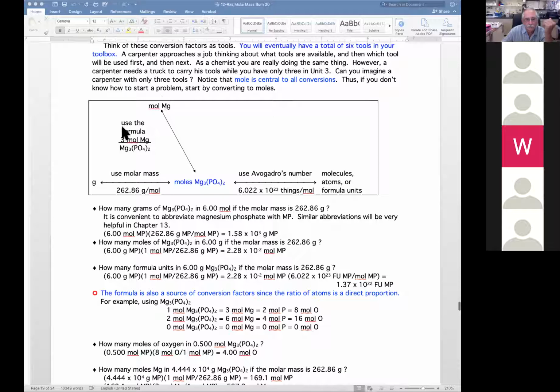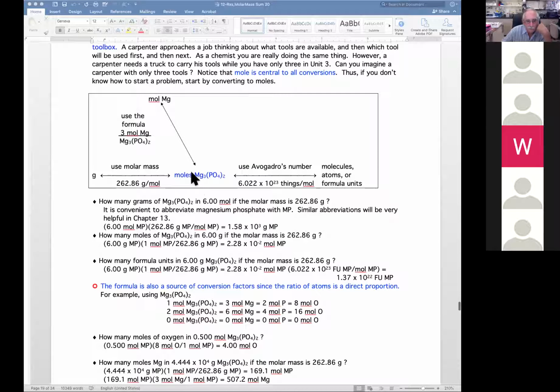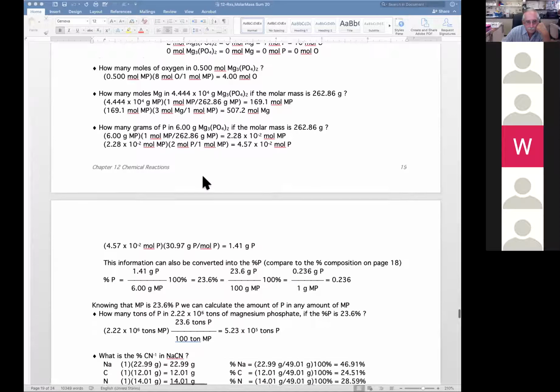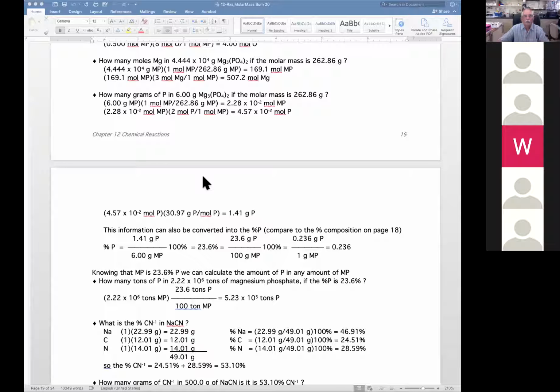I just use the formula. For every mole of magnesium phosphate, there's 2 moles of phosphorus. That's my conversion factor. So that gives me the moles of phosphorus now.